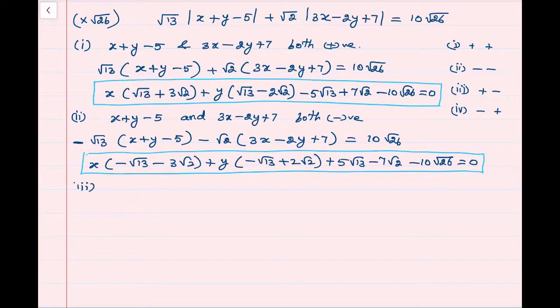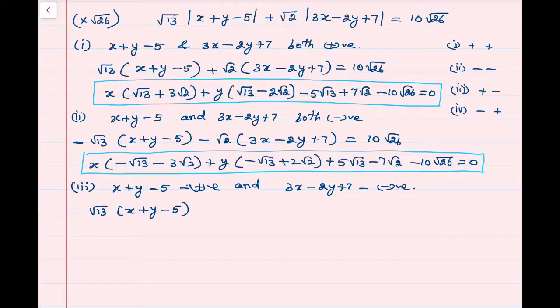Now the third case, we will take x plus y minus 5 positive and 3x minus 2y plus 7 negative. So this is a positive number, we can remove the absolute value sign. And the second one is a negative value.